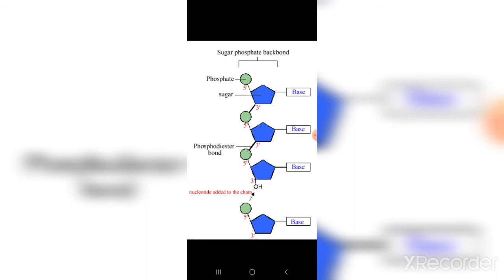So a phosphodiester bond is formed. That means esterification takes place and a phosphodiester bond is formed. So this is a sugar phosphate backbone.